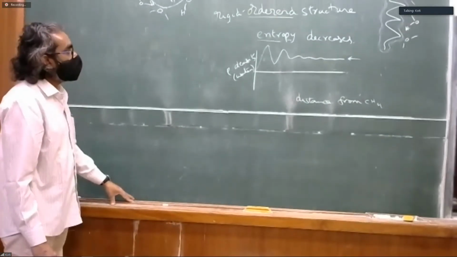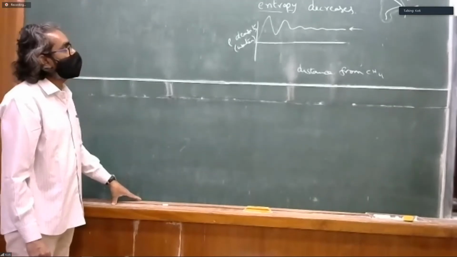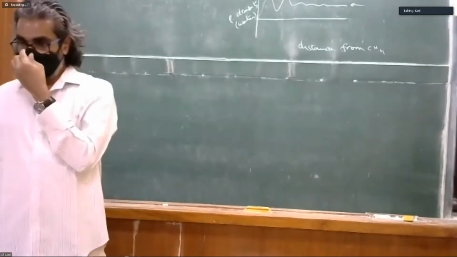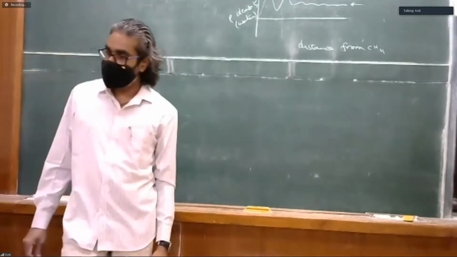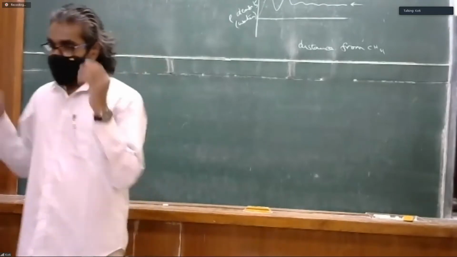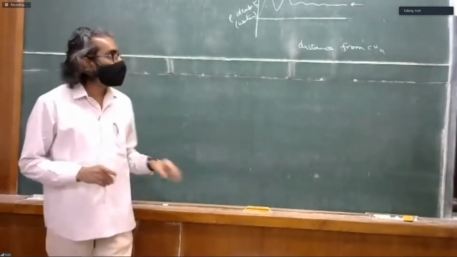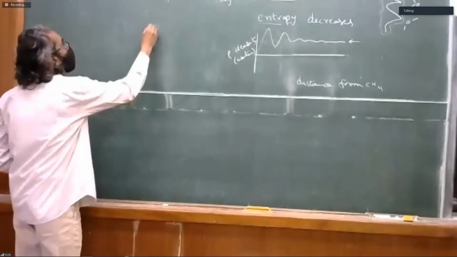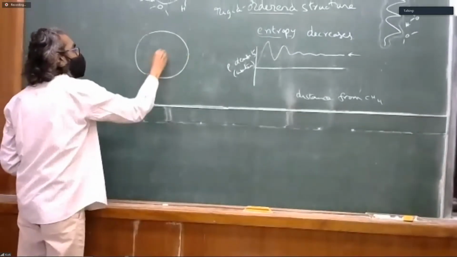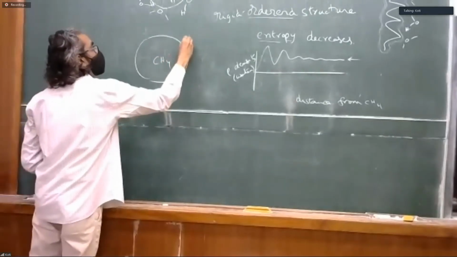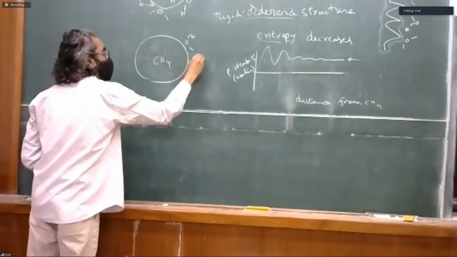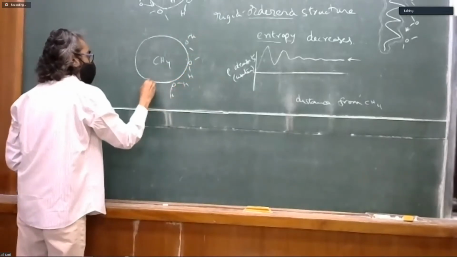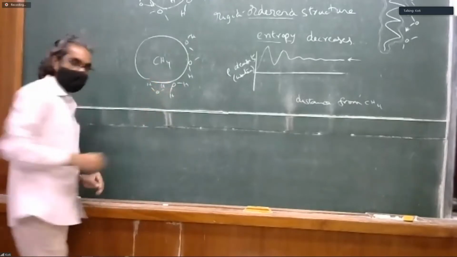So now we have to apply this concept. Entropy decreases means that this is not a stable structure, right? So that's why, if you put a methane molecule forcibly into water, and imagine there is another methane molecule in the neighborhood, this also has the same problem.